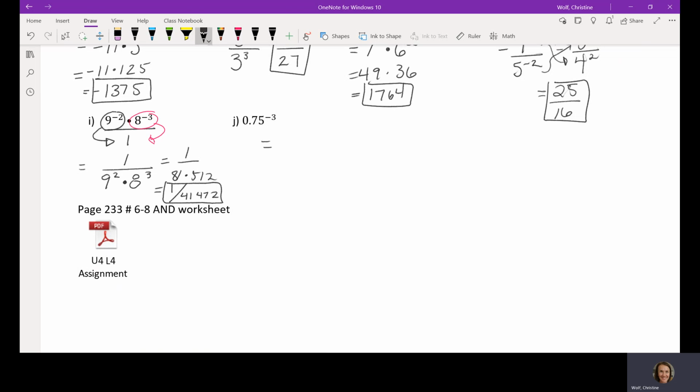This one I decided to throw in because it's a decimal. However, decimals don't change anything. We still use the same rules. First of all, this is not a fraction, so I put it over 1. Okay. So now that it's over 1, I can tell myself, oh, okay, well, I have a negative exponent in the numerator.